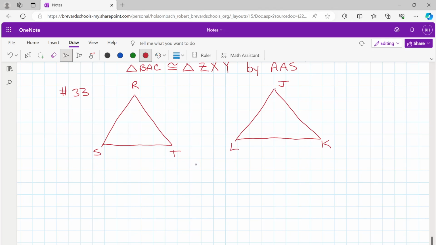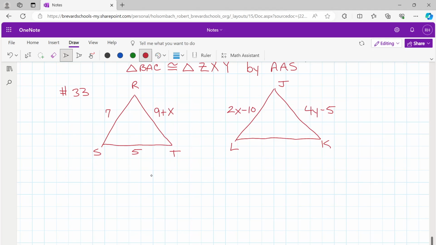RS is 7. ST is 5. R to T is 9 plus X. J to L is 2X minus 10. JK is 4Y minus 5. Draw and label a figure to represent the congruent triangles, then find x and y.